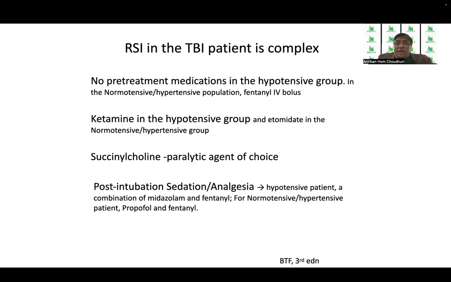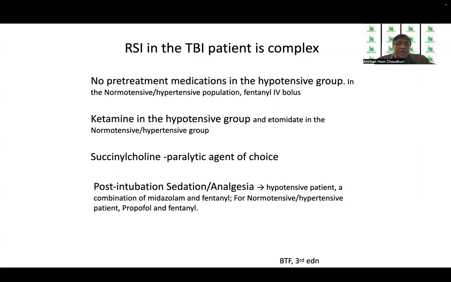Succinylcholine is the muscle relaxant of choice in either case, whereas post-intubation for sedation and analgesia, a hypotensive patient, or one who has a predilection for hypotension, can be treated with a combination of midazolam and fentanyl or dexmedetomidine and fentanyl. Whereas for normotensive patients, in addition to those or instead of those, we can use propofol also as an infusion.